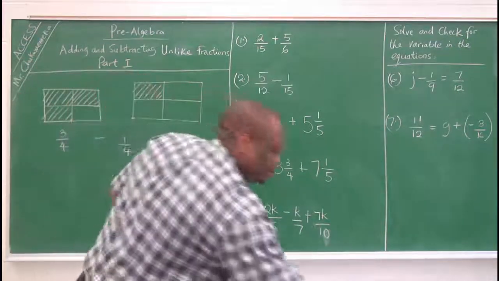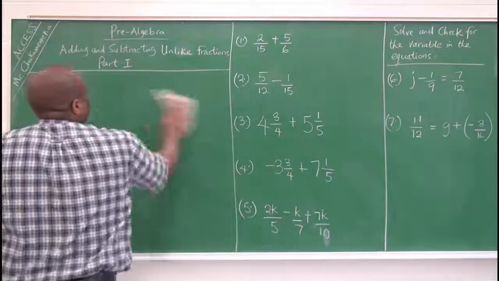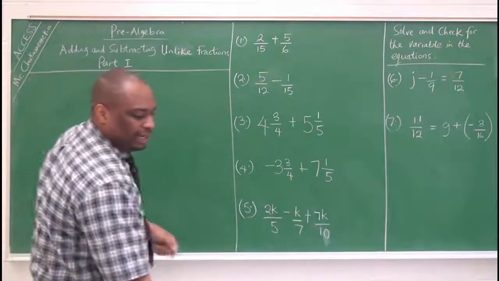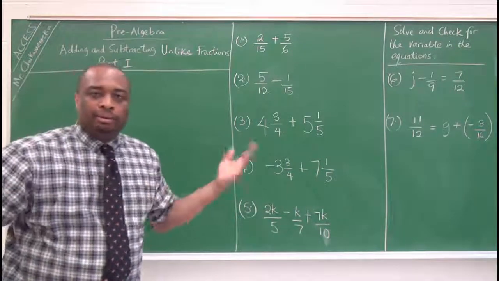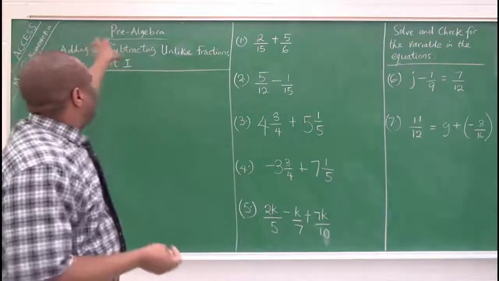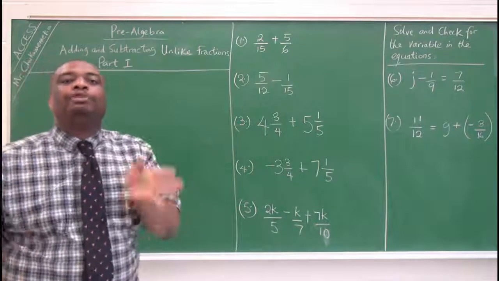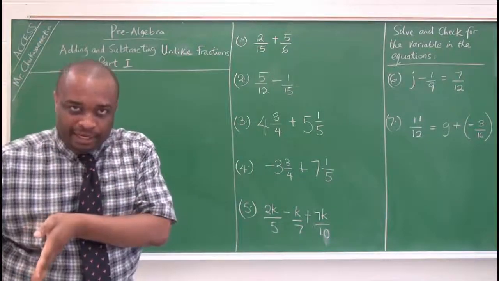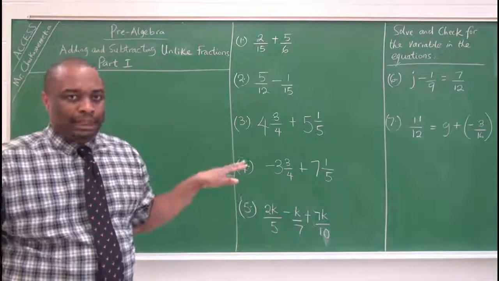So what we have to do is to bring them to be the same denominator. Then we can now apply that. So in summary, for you to add or subtract unlike fractions means that you have to make them to be like fractions before you now add or subtract. That is the main thing.